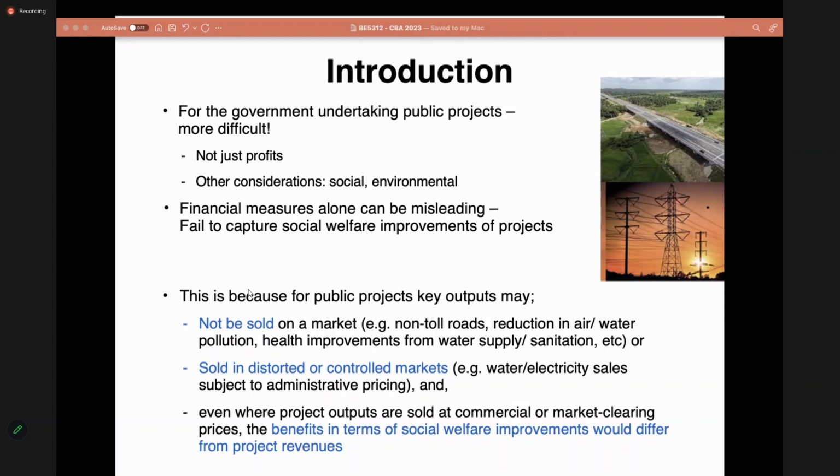So then again, if we just try to do a financial appraisal to measure how much income, how much benefits we are getting out of this type of projects, it might again not give us the accurate picture.